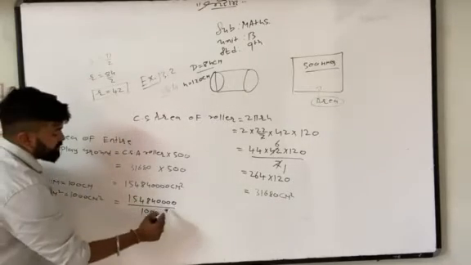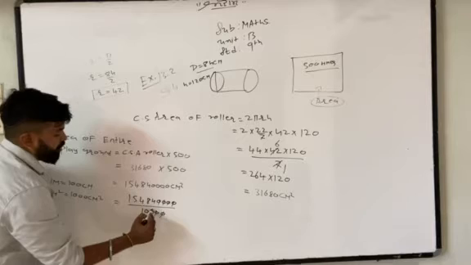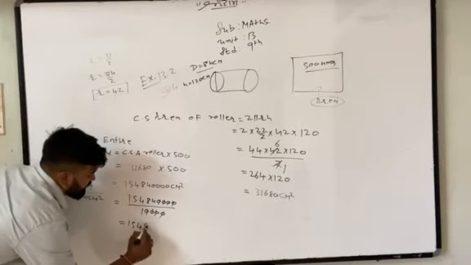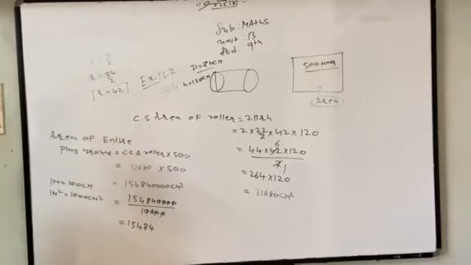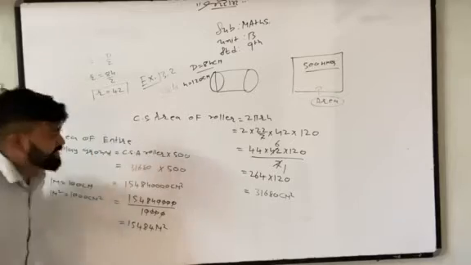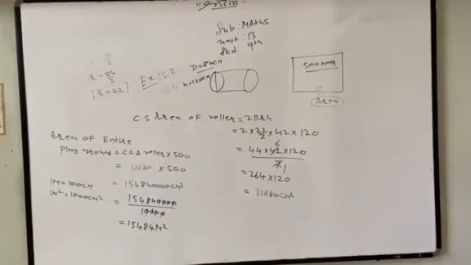All the zeros get cancelled, and this is the area of the entire playground which we need to find out.